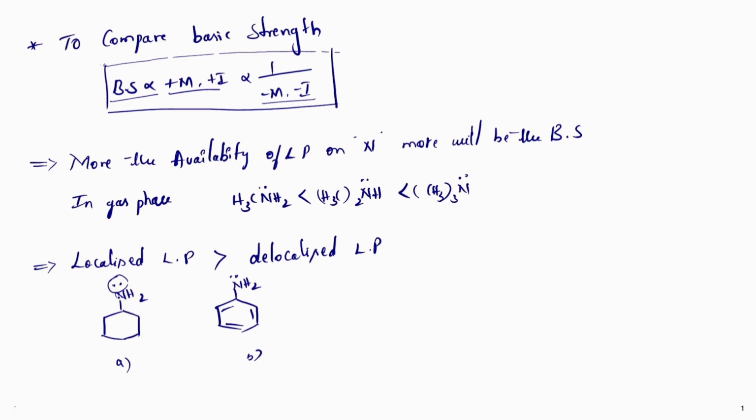That means these lone pairs are localized. Coming to the second case, this lone pair of electrons is involved in resonance. Therefore, this lone pair is not easily available when compared to A. Therefore, this is less basic.